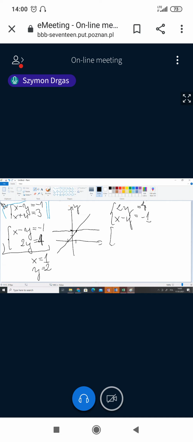And using this vector notation, we have 0 and 1 multiplied by x plus 2 and minus 1 multiplied by y and 4 negative 1.